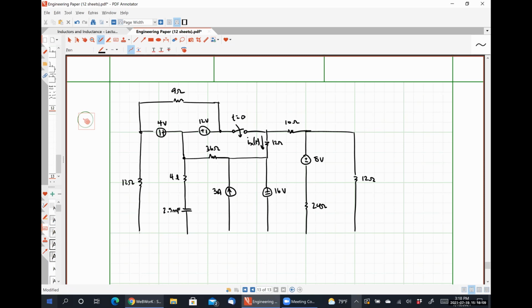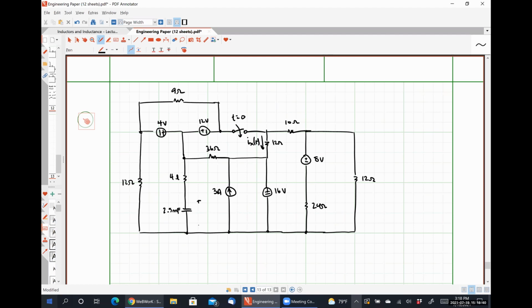All right. So one thing that I'd like to point out on this particular problem is that we are not explicitly asked to find our capacitor voltage, but we are going to have to find it at t equals 0 minus at a minimum to proceed with this.